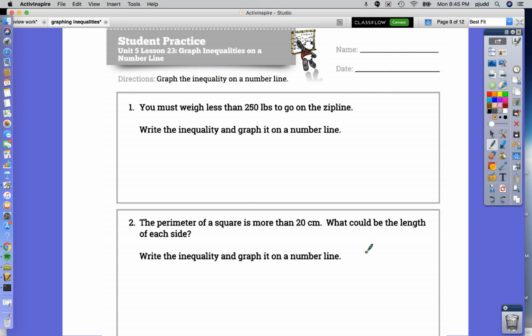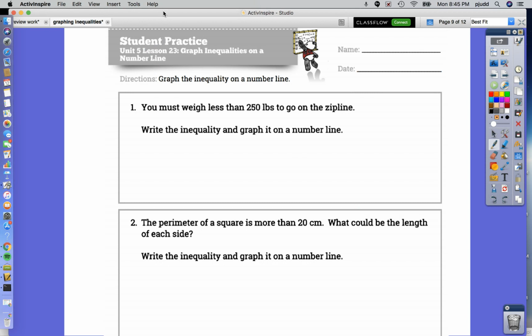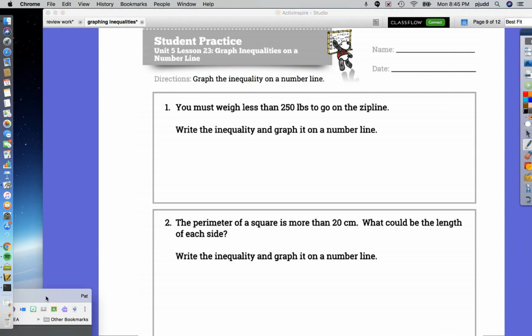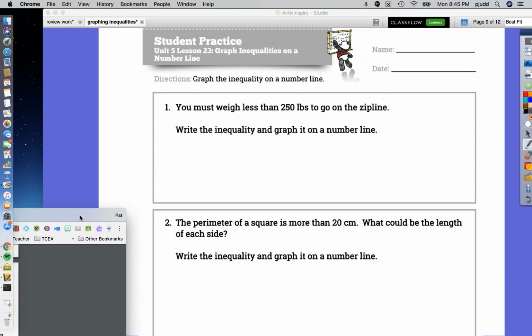And again, pause the video here. I want you to take about 3 minutes to complete both of these. Read them together. Discuss what you think it's going to look like. Write your inequality and draw your number line. Pause the video here. Check back in 3 minutes.